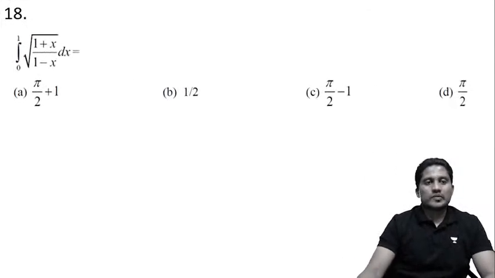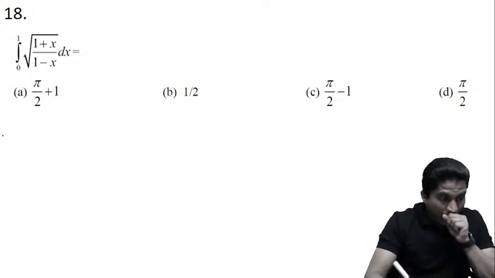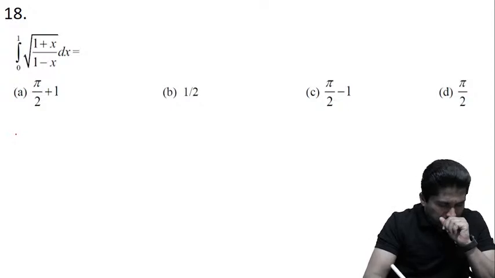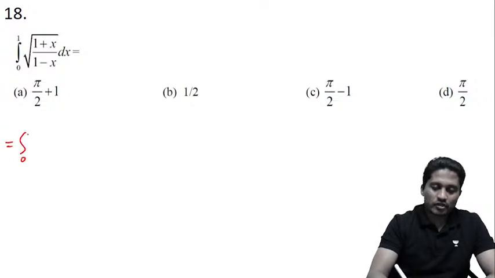Alright, question number 18. See, this can be written as integral 0 to 1 of root of (1 plus x) by (1 minus x) dx.